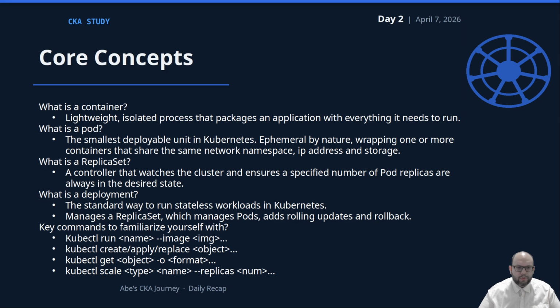Then using kubectl create, apply, or replace on that particular manifest that you've created, to create whatever it is you're trying to create, whether it be a pod, a deployment, a replica set, and so on and so forth.